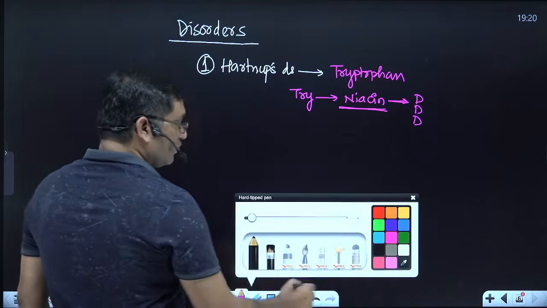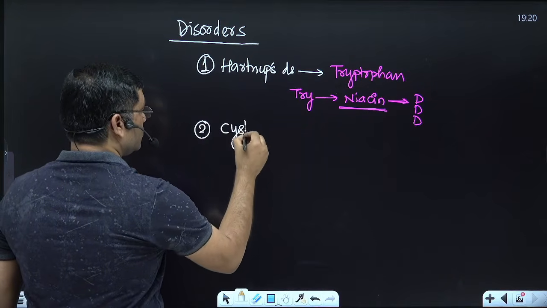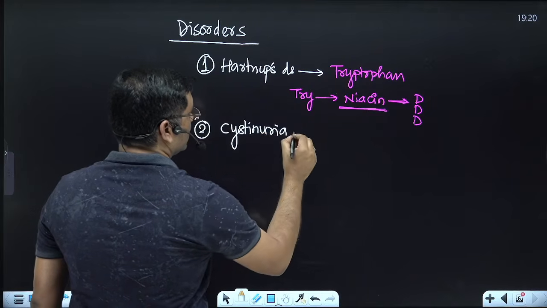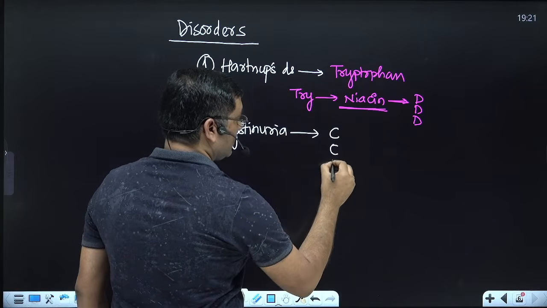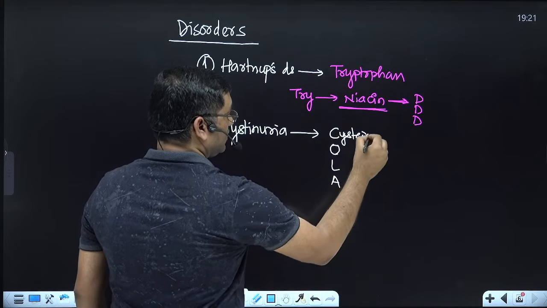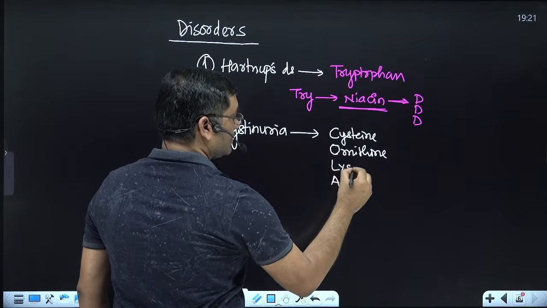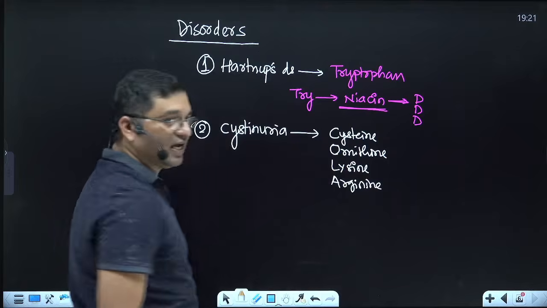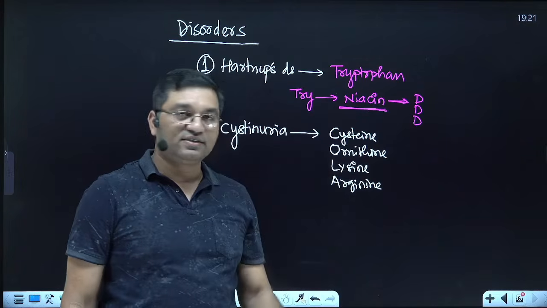Now the second important disease is cystinuria, lysinuria. In cystinuria, lysinuria, there is a defect in the absorption of cysteine, ornithine, lysine, arginine. There is a defective intestinal as well as renal tubular transporter of cysteine, ornithine, lysine, and arginine.